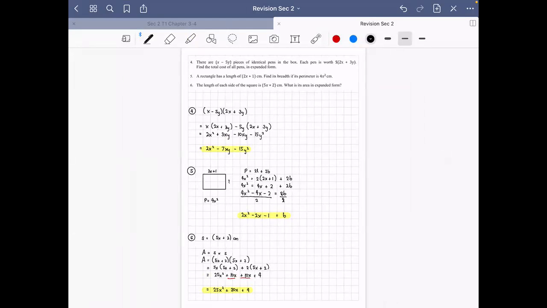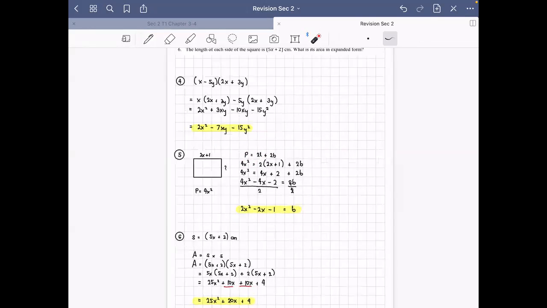Okay, so class, do you have any question with number 4, 5, and 6? Now, class, don't be confused with this kind of questions. They're just written in a situation instead of just giving out the questions right away. I know that you can do this. I have seen you do this kind of questions. For number 5 and 6, you just need to recall your perimeter and area formulas.